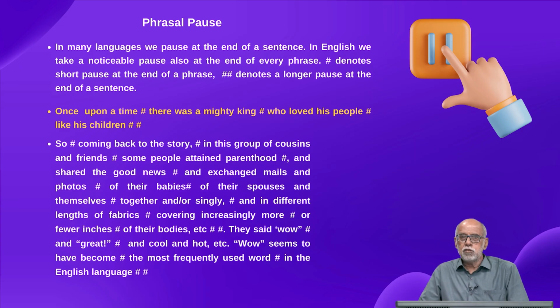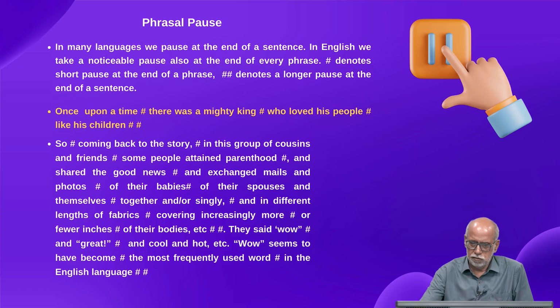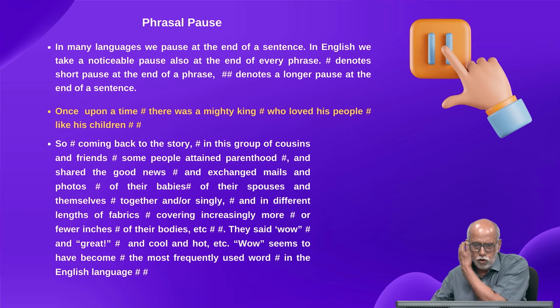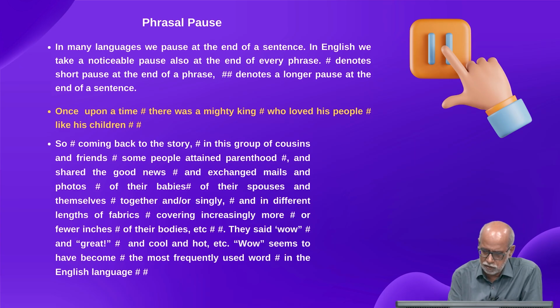In English, we do not say it in one stretch. In standard English, the format is to say once upon a time, there was a king. Okay, like this: once, upon a time, and this indicates a pause, a break at the end of words.